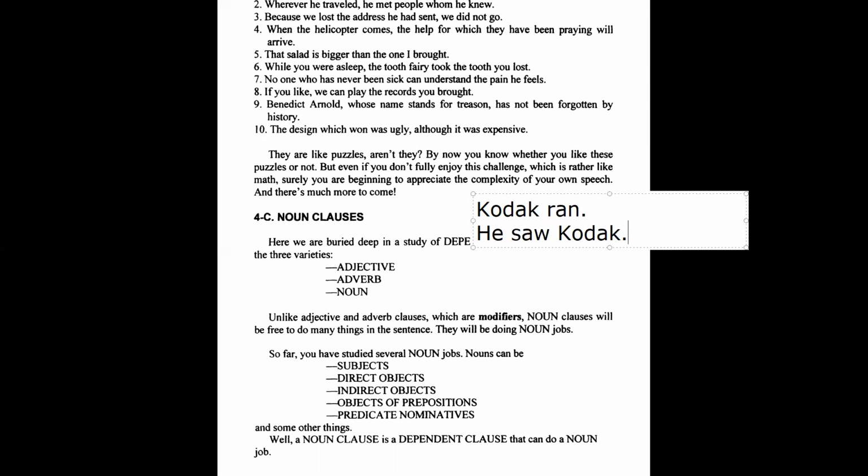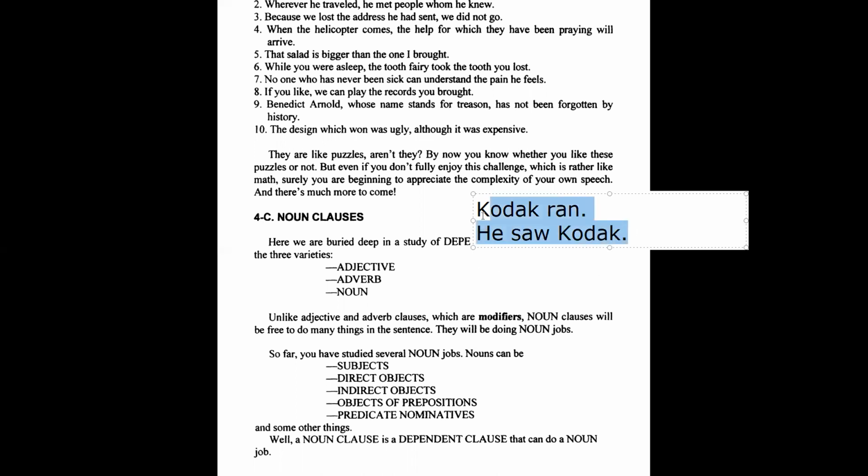Anytime you have a noun, you have a noun role, you have a noun job. Subjects, direct objects, indirect objects, objects of prepositions, predicate nominatives. There are going to be more later on, about 10 or so. Anytime you have one of these, you can actually put a noun clause there. Okay?